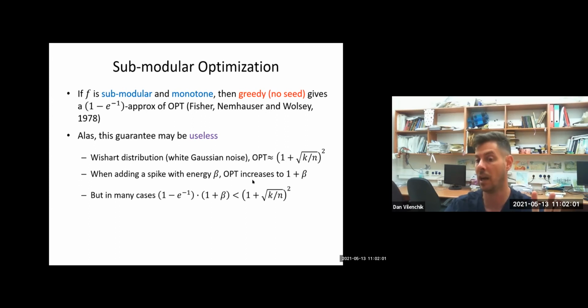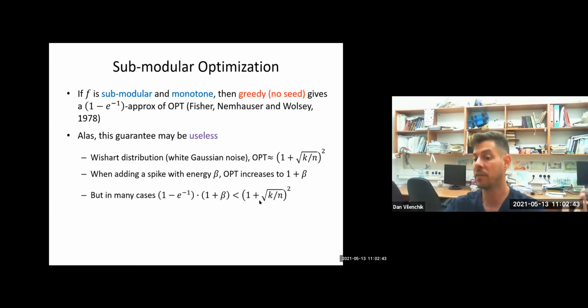If the SNR is really large, if beta is really large in the sense that this is larger than this, then you might expect even a trivial, naive PCA to work. But in the case where beta is fixed but rather small, and not too small, here you have 0.67, so you can do the math, this result gives you a useless guarantee, because the guarantee from greedy without a seed is even smaller than just guessing a random solution.